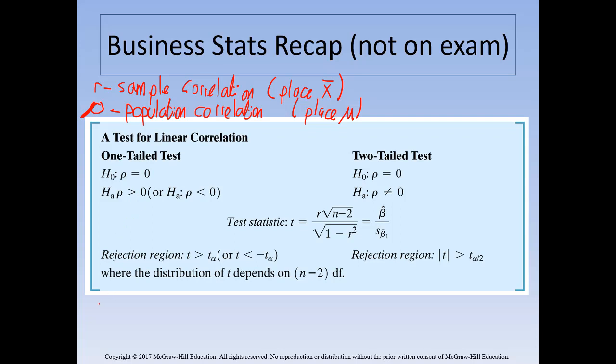So let's go all the way down to the bottom, and let's just draw a little scenario. So we've got two variables, and they're really strongly correlated. There's obviously this big correlation between X and Y. Then we're going to say we have our null hypothesis always that the population correlation is 0.